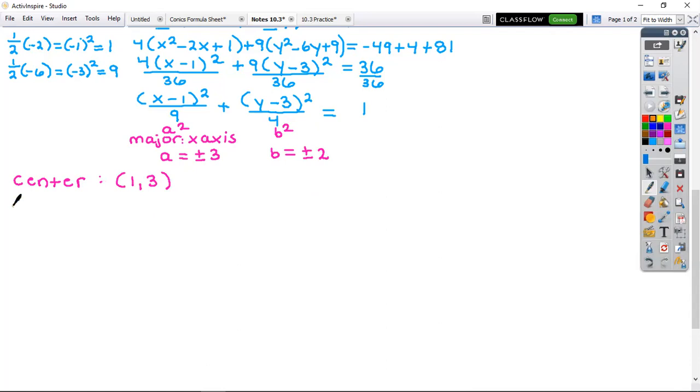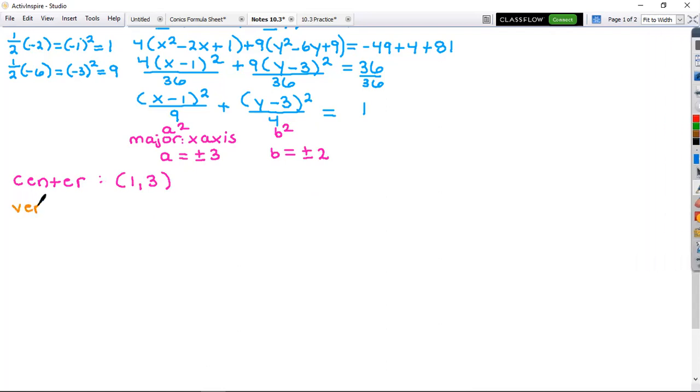So to find the vertices, what I'm going to do here is x, because it's my major, plus and minus a. So a always gets added to the major. So I am going to do here my center.